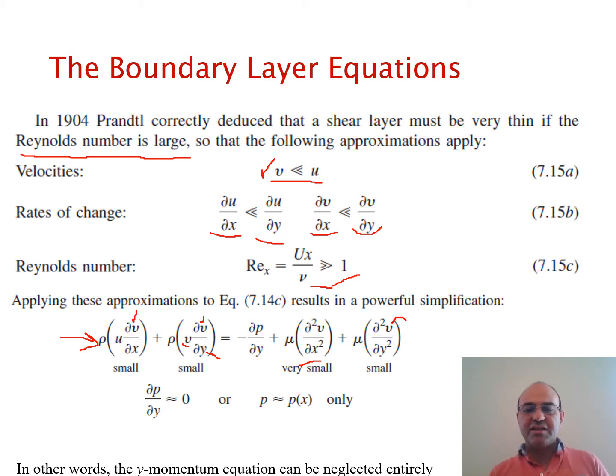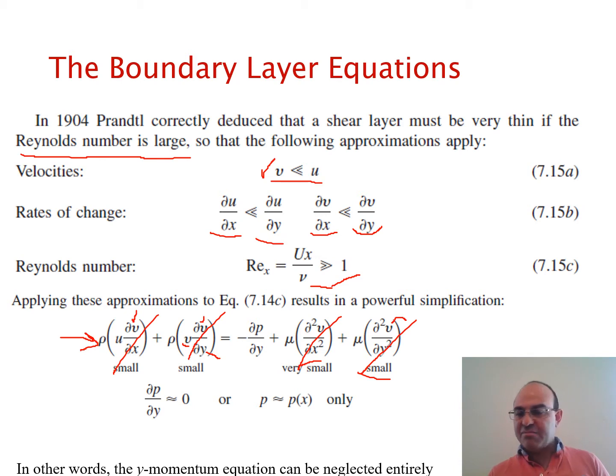But overall, because of v being small, this term is also small. Anyway, the bottom line is that all of these terms can be neglected because they are small, neglected with respect to the terms that we have in the x component of the Navier-Stokes equation. Compared to those terms in the x component of the momentum equation, these terms are small.